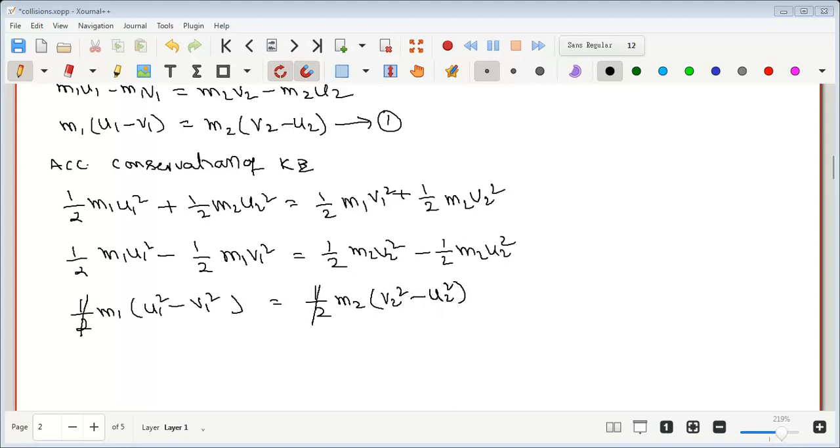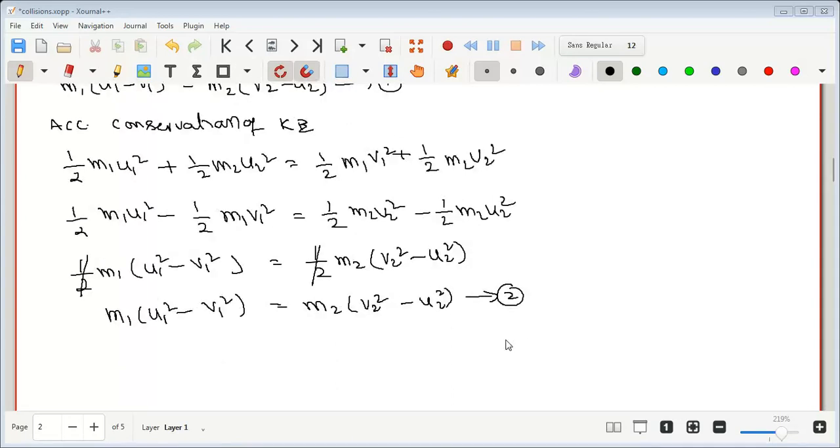Half and half get cancelled. Then the equation becomes m1 (u1 square minus v1 square) is equal to m2 (v2 square minus u2 square). This is equation number 2.